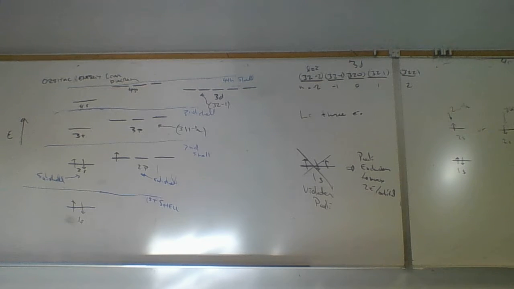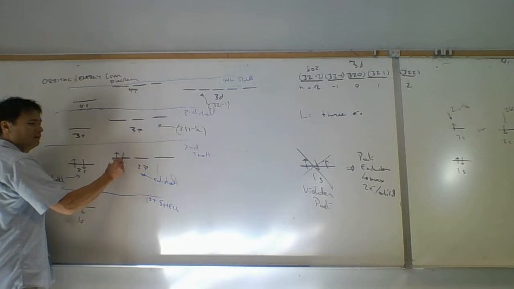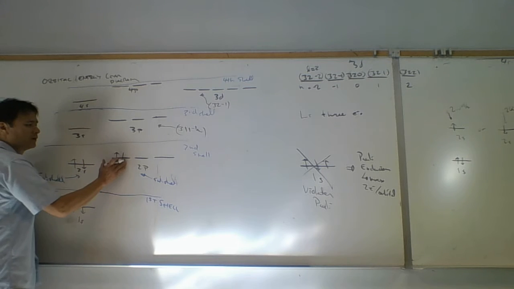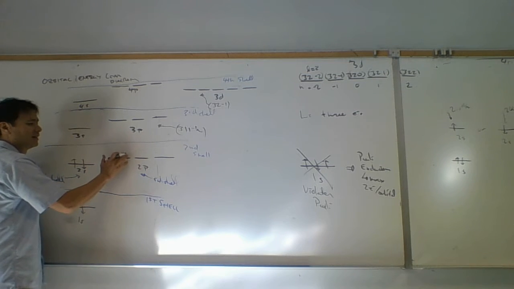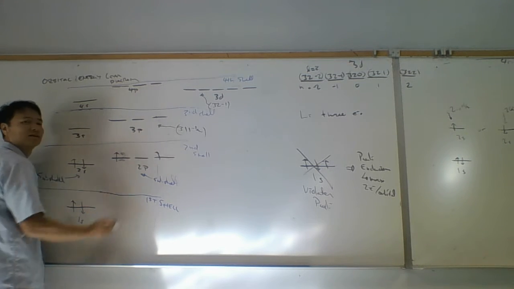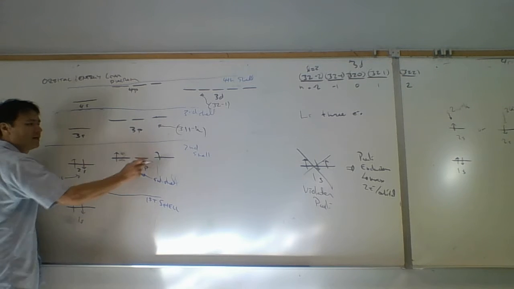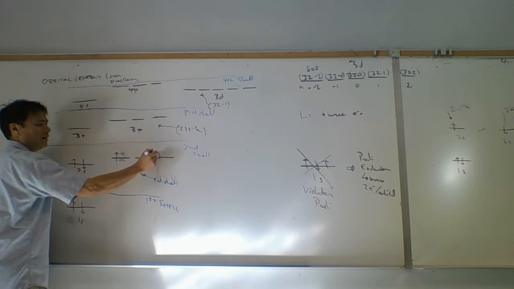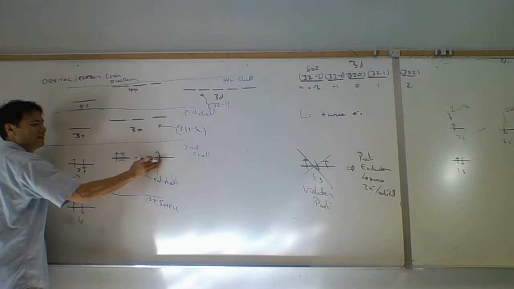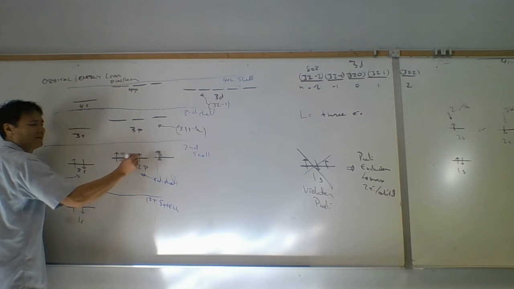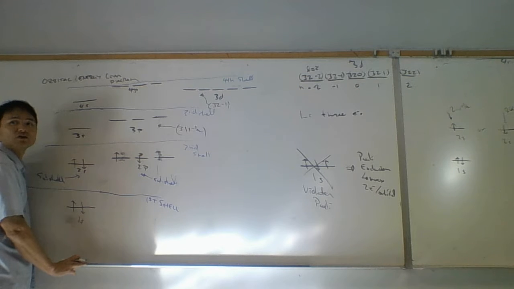Just tell me if you were to guess, where would you guess you'd put the fourth electron? Would you guess here? Or would you guess here? Or would you guess here? Or would you guess here? Or maybe like this? How should you do it?